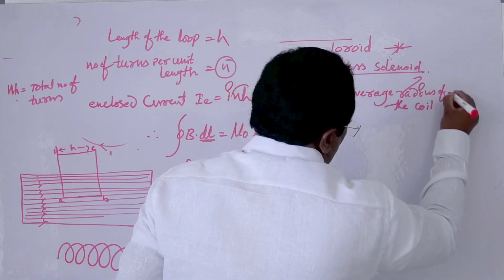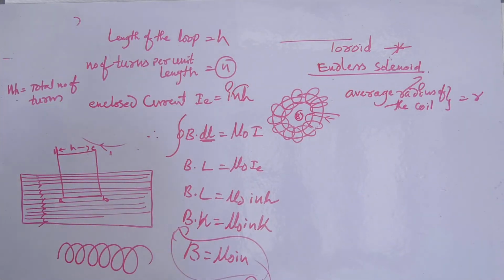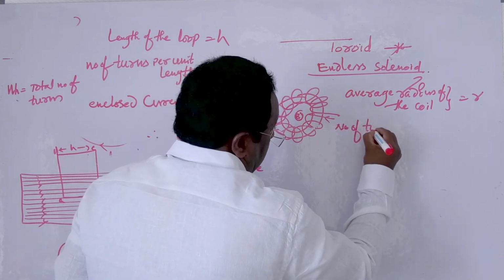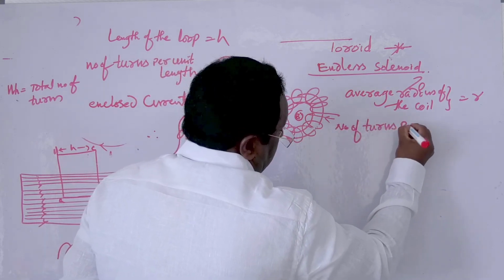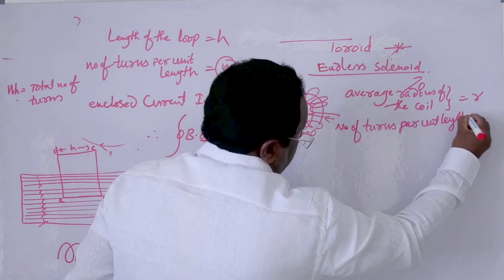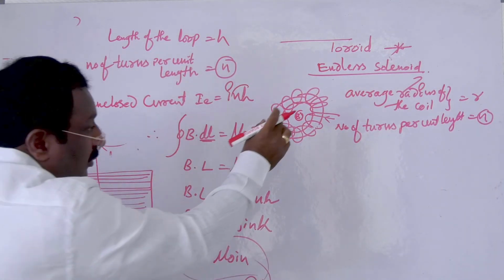The average radius of the coil, we take as small r. And again you take the number of turns per unit length. What is small n here? Number of turns per unit length.